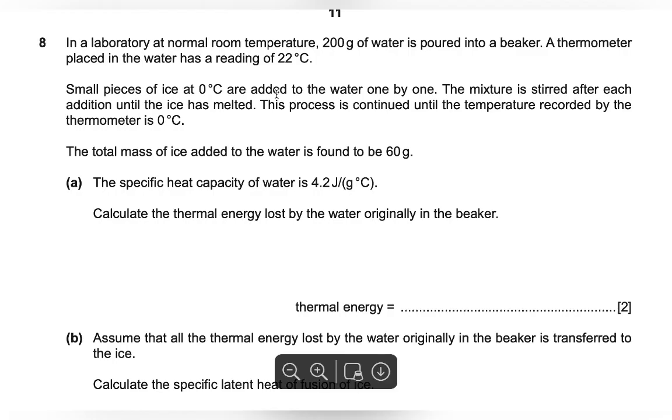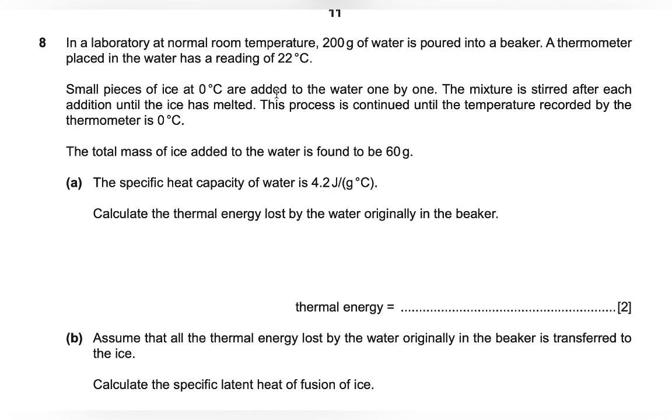Let's see which other parameter the question has for us. A small piece of ice at 0 degrees Celsius is added to the water one by one. Now the mixture is stirred after each addition until the ice has melted. This process continues till the temperature recorded by the thermometer is 0 degrees Celsius. So they are adding ice step by step, one after the other, and they keep stirring until the ice has melted.